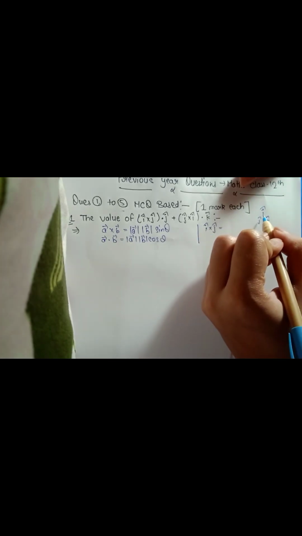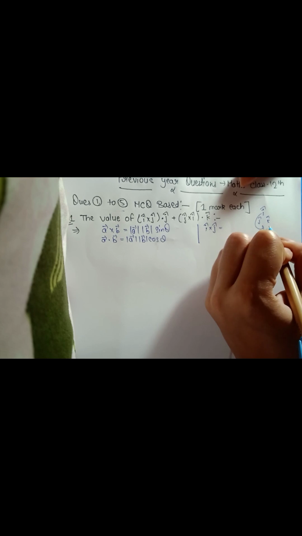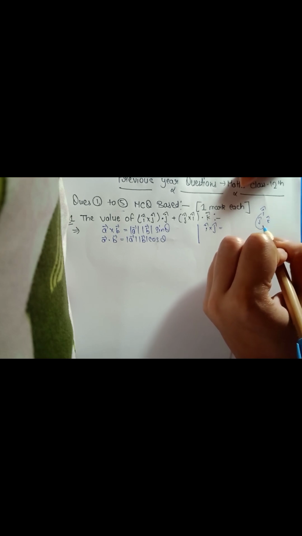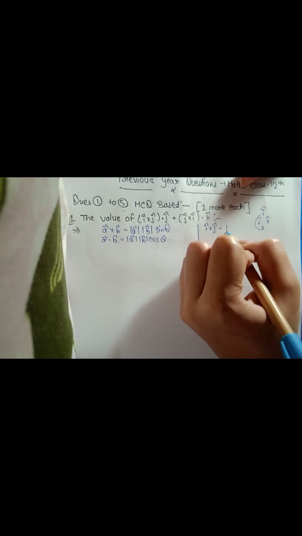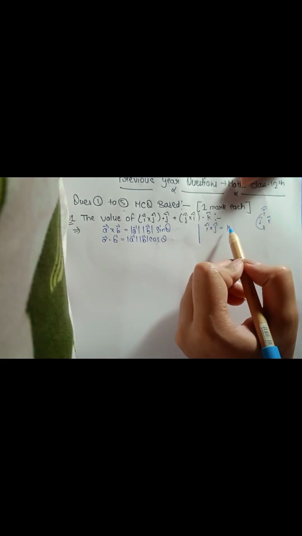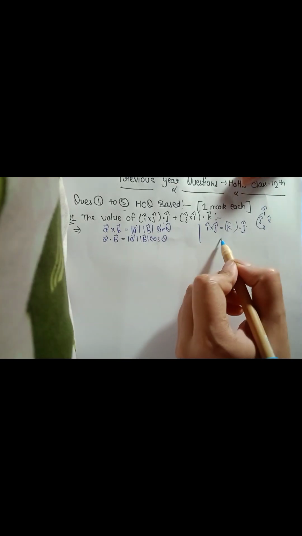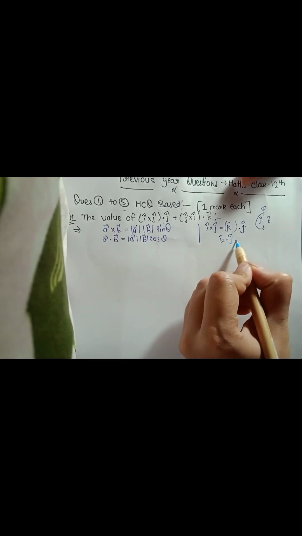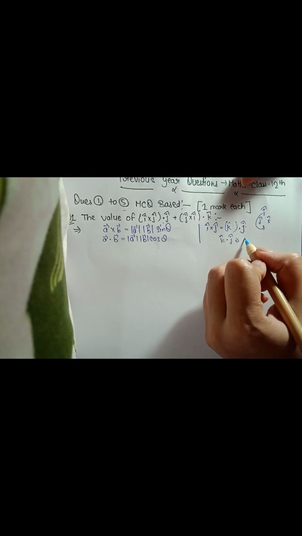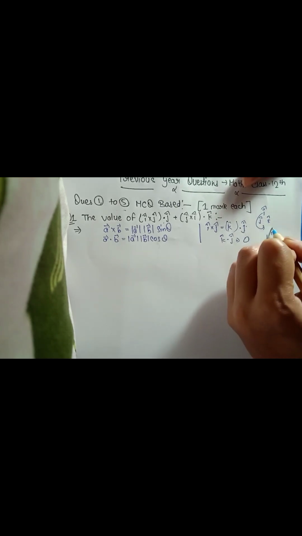We know i cap cross j cap gives k cap, and when we do the dot of k cap dot j cap, we get 0, because k cap and j cap are perpendicular, so cos 90 is 0.